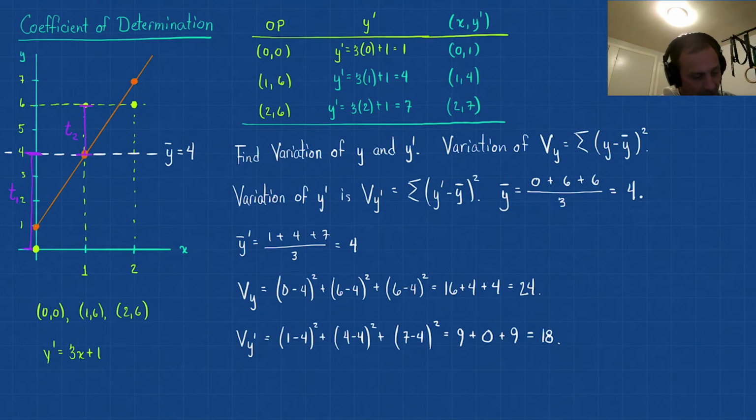And then this third one is also 6. So its total variation is right here. This is the T3. So that kind of says that you could write these as the Ti squared. It's that little distance squared.